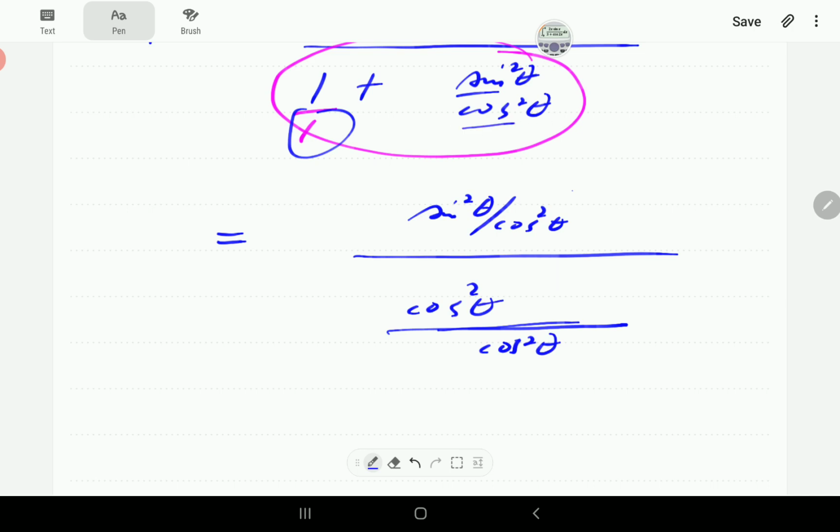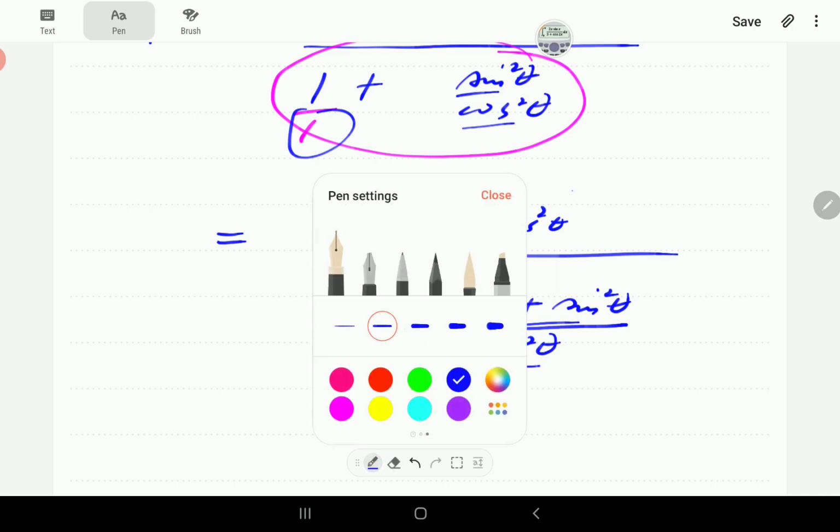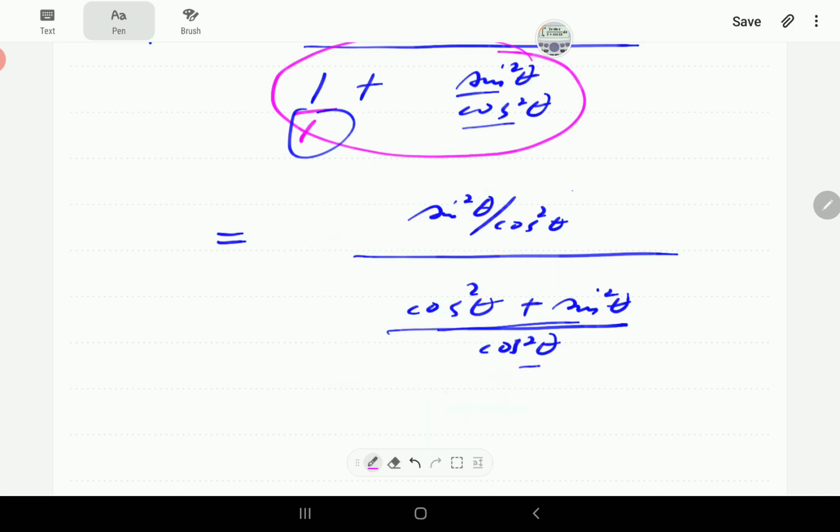Then cosine squared goes into cosine squared once. 1 times sine squared is sine squared. Now remember, sine squared plus cosine squared, or cosine squared plus sine squared, is equals to 1.